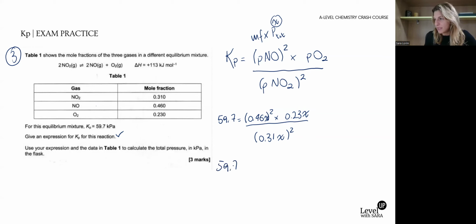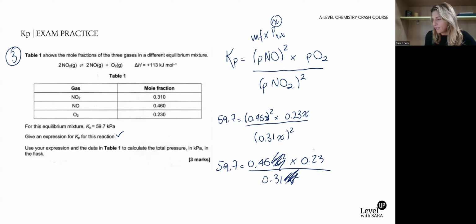So 59.7 will be equal to, if we expand this, we will have 0.46x squared times 0.23 divided by 0.31x squared. And the important thing is that the x squared cancels out because it repeats. No, sorry, actually I would like to do it in another way.